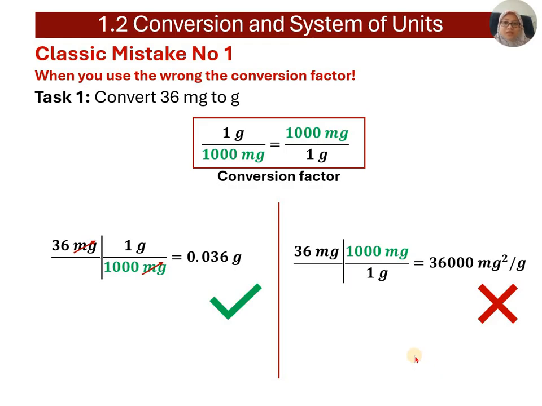Okay, this is the classic mistake that students usually do when they do conversion, because a conversion factor can exist in original form and an inverse form.